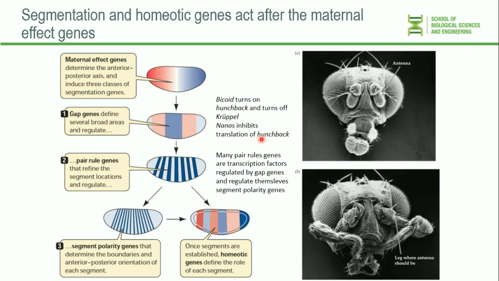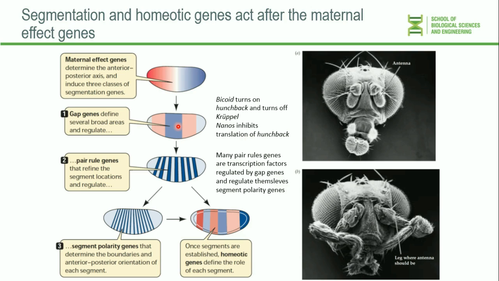That means that the hunchback mRNA is already present here, but nanos inhibits its translation. So even though there may be hunchback turned on here by bicoid, nanos may actually inhibit its translation so that hunchback never becomes something else.